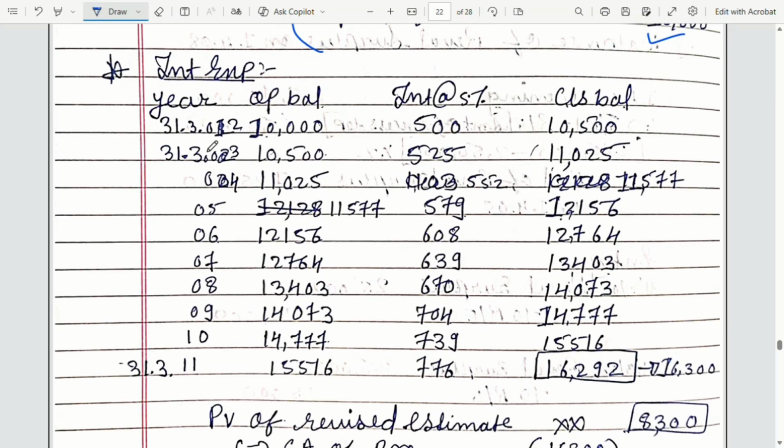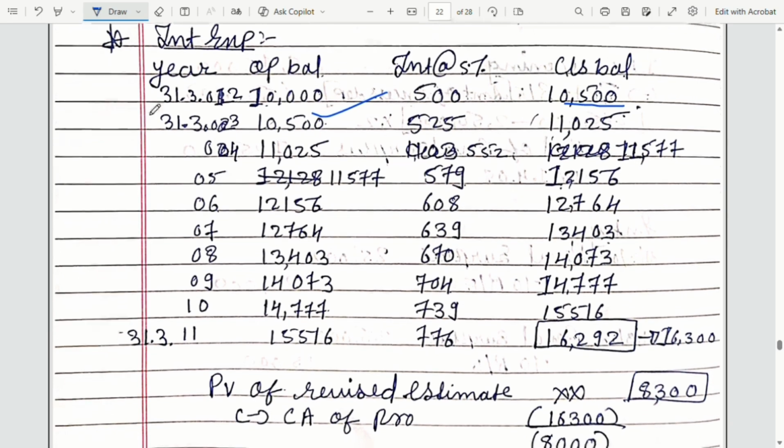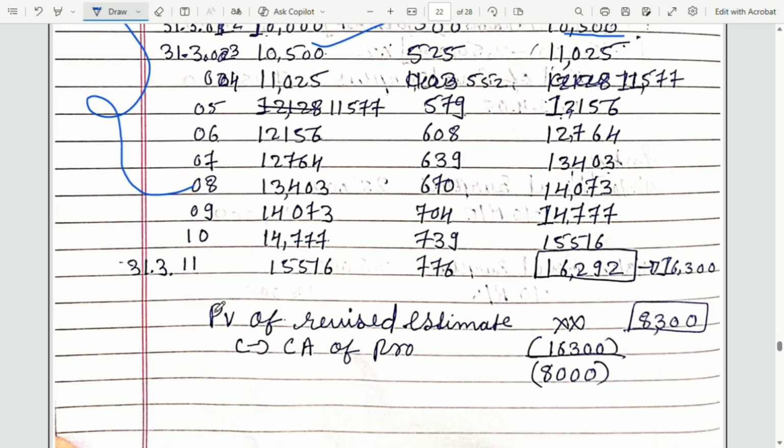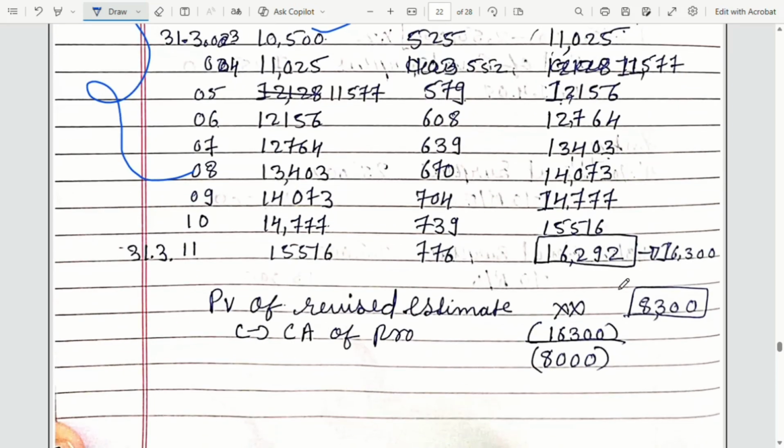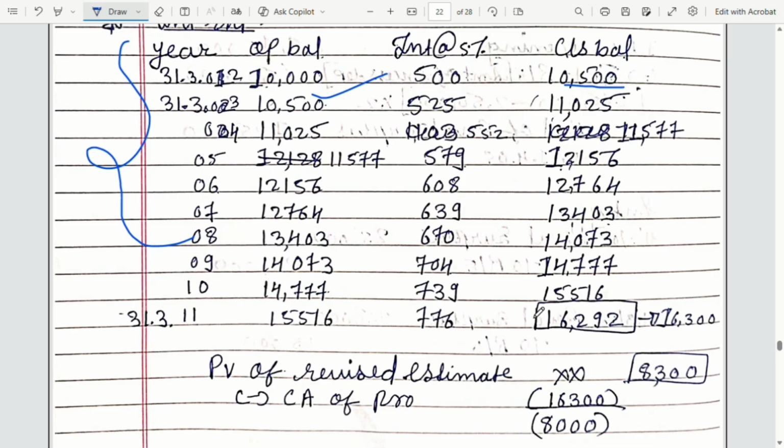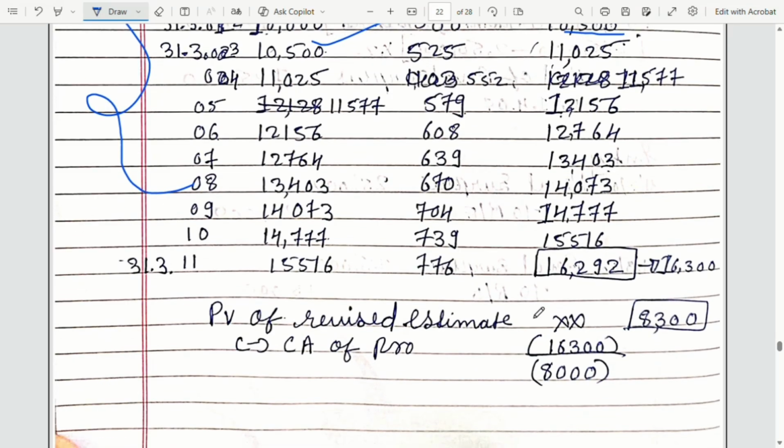So on 31st March 2002, this is the opening balance. We will charge interest at 5%, and this will be our closing balance at year end. The same interest calculation we will do for 10 years, and at the end of 10 years we will see what the closing value of our liability is. It is 16,300. So after 10 years we are decreasing our decommissioning liability, and it is being decreased by 8,000.